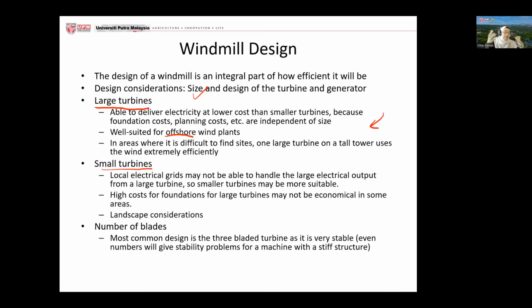If it produces a lot of electricity, the grid cannot take it. They may be overwhelmed. So you are basically producing electricity that cannot be used. So in that situation, small turbines would be the better option. However, because it also has high cost, because it's small, but remember just now the cost is similar, it may not be economical in some areas.